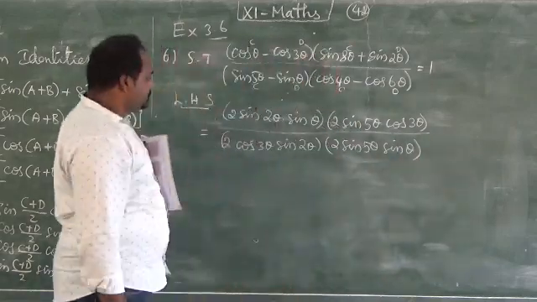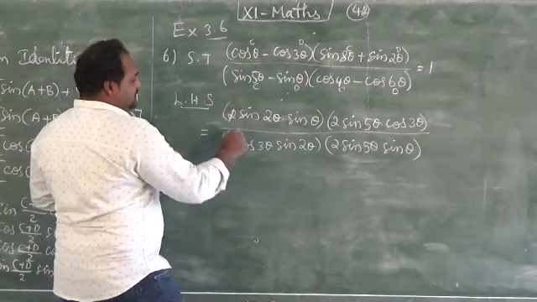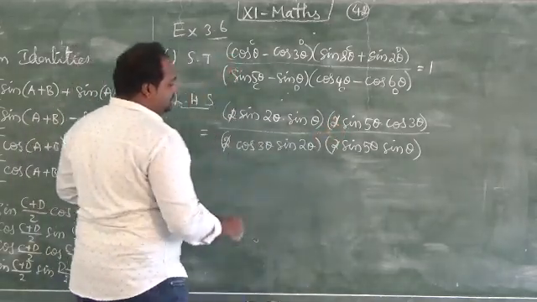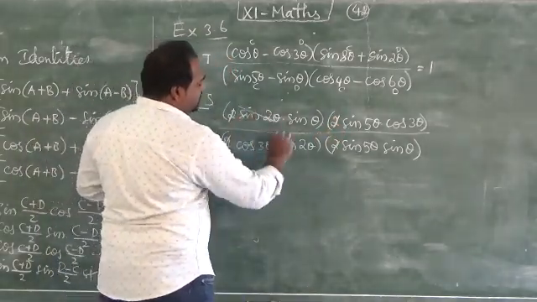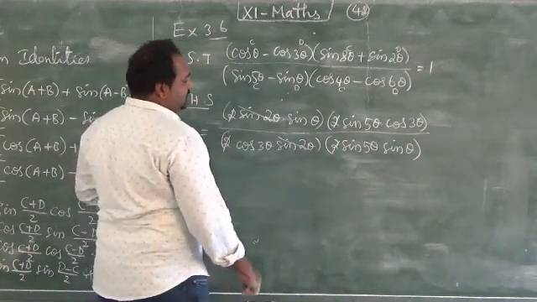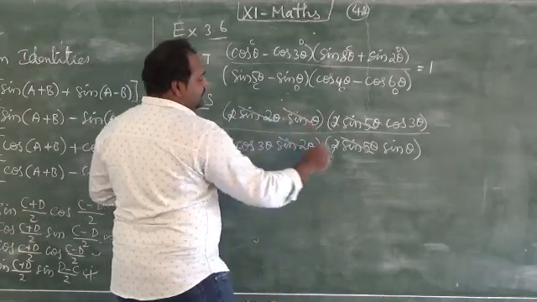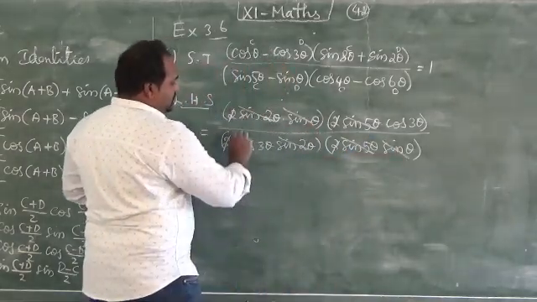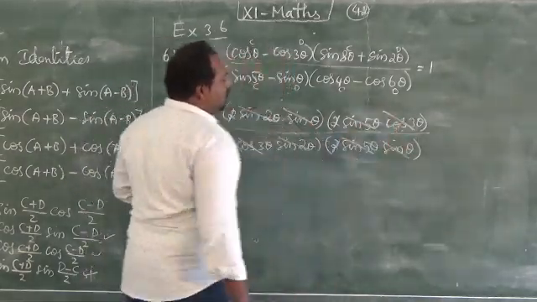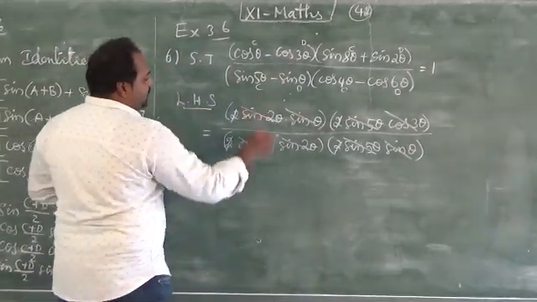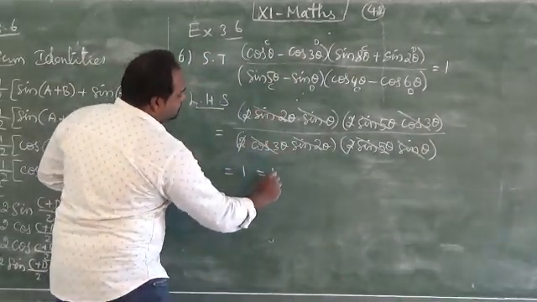Now we can have a cancellation, all the 2s will be cancelled. Here sin 2 theta cancelled, sin 5 theta cancelled, sin theta cancelled, cos 3 theta, all are cancelled. So 1 by 1, the answer is 1, which is the RHS side.